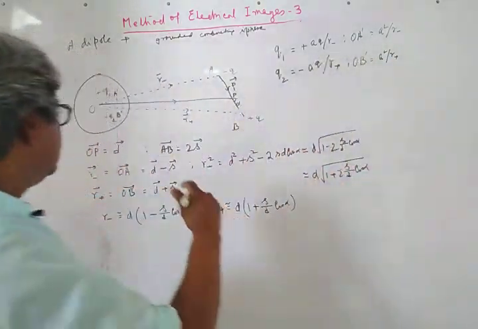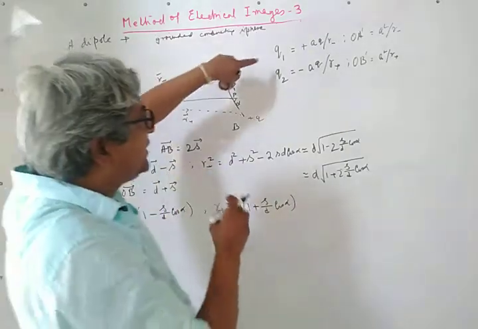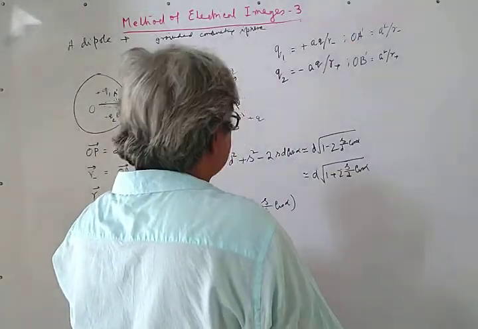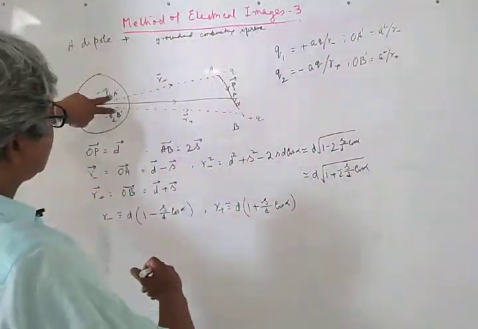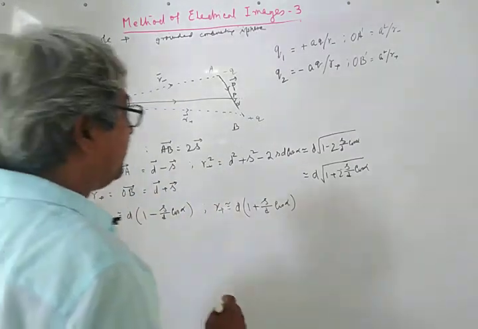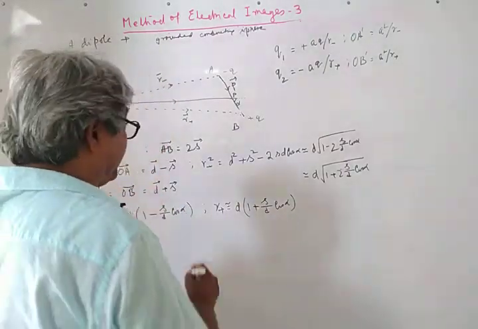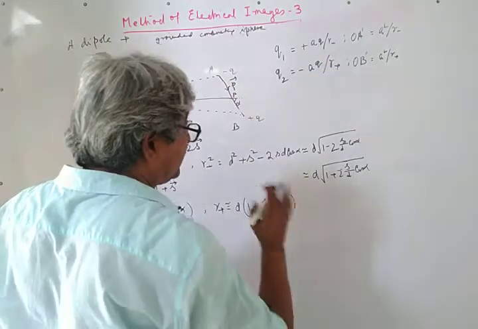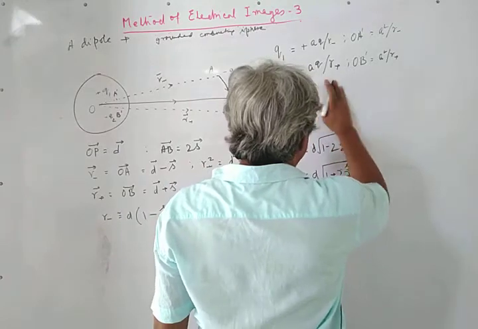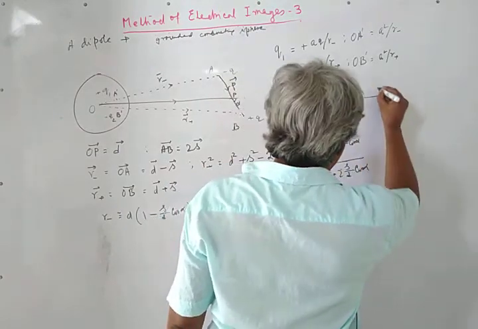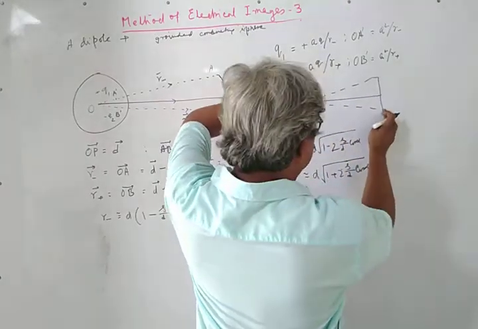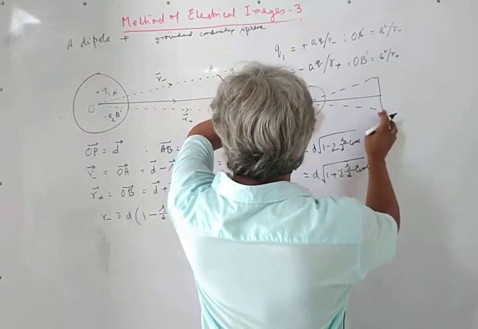So we see that the magnitudes of the induced image charges are not equal, since R plus and R minus are not the same. So the two image charges are not of equal magnitude, so no dipole is created. The image dipole could be created only when alpha is 90 degrees. When alpha is 90 degrees, these distances become the same, that is OA and OB will be the same.